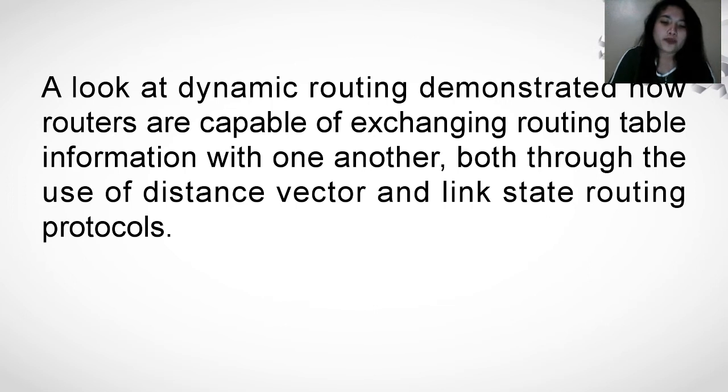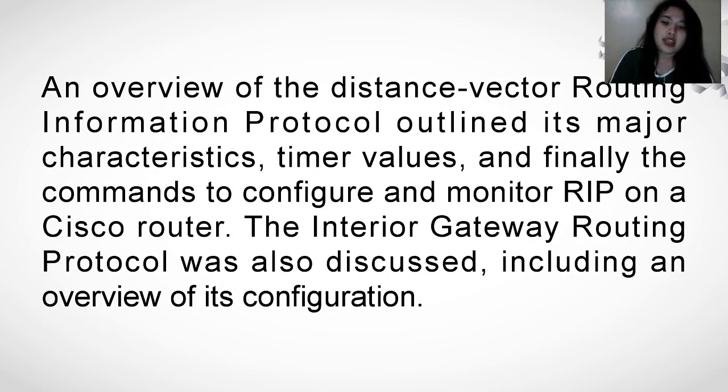The danger of routing loops was also discussed, including a look at the techniques used by distance vector protocols to avoid these loops. Next, an overview of the distance vector Routing Information Protocol outlined its major characteristics, timer values, and finally the commands to configure and monitor RIP on a Cisco router.